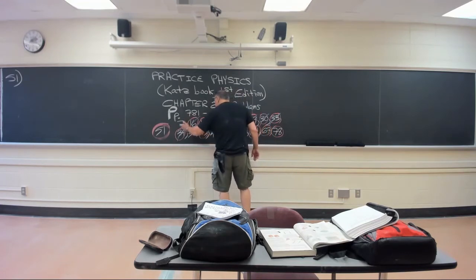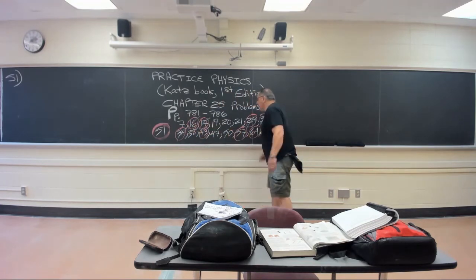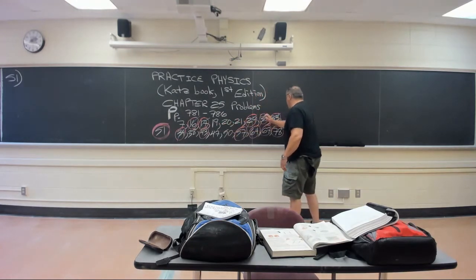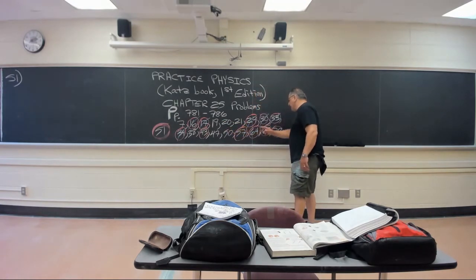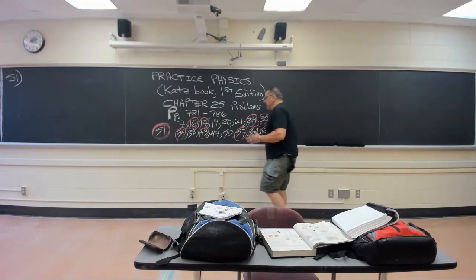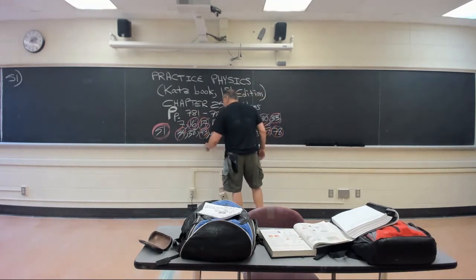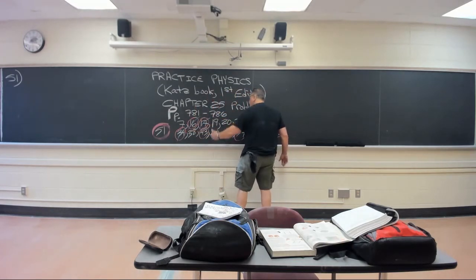We're talking about problems 7, 16, 17, 19, 20, 21, 29, 30, 33, 34, 38, 43, 47, 50, 57, 64, 67, 78. We slashed off here in blue color what we did the last time in part 1 of the Chapter 25 Katz book first edition.